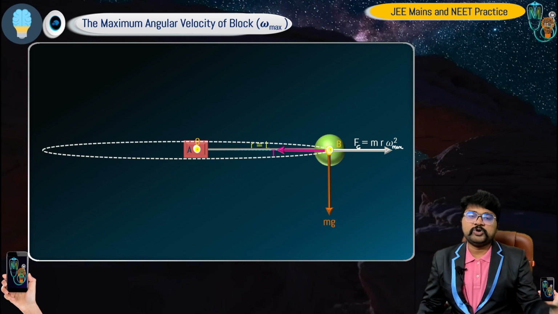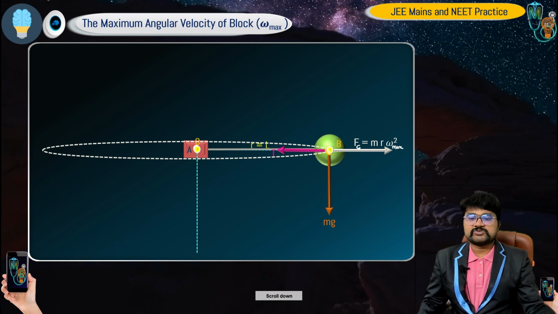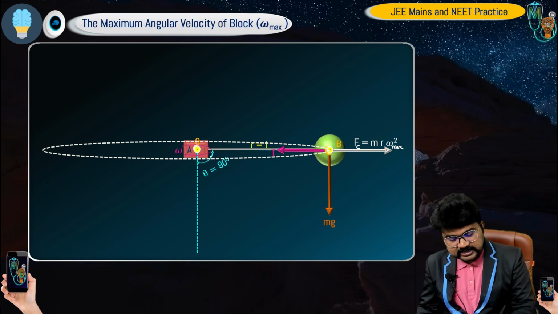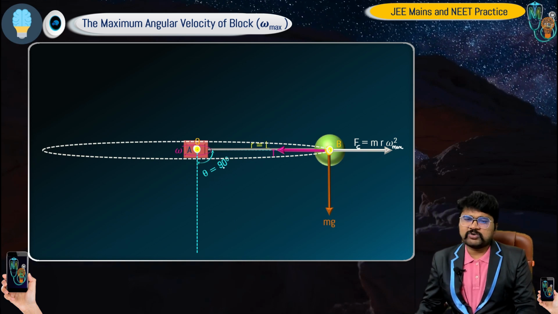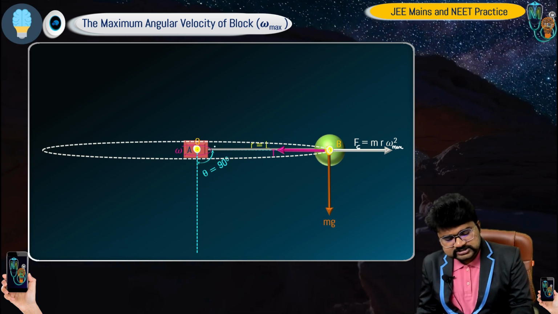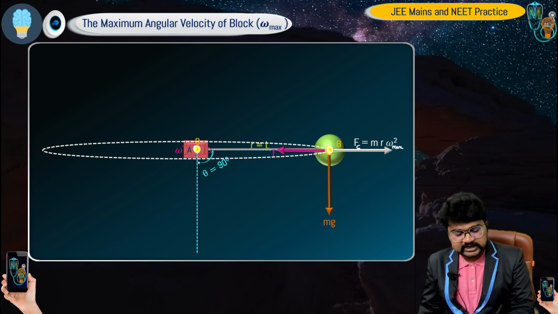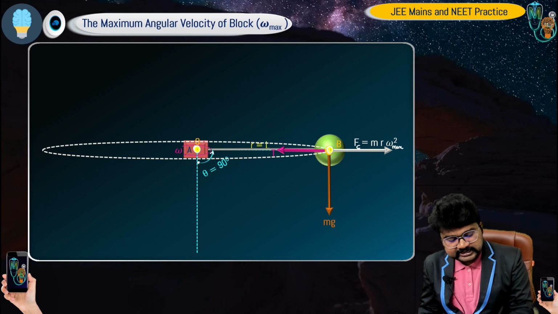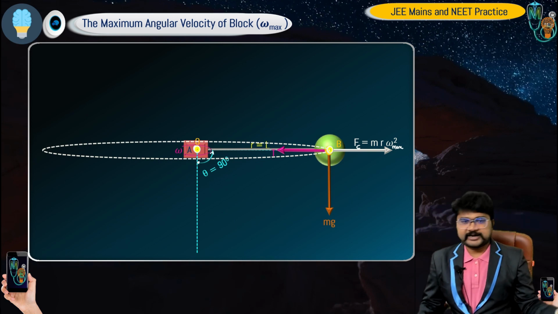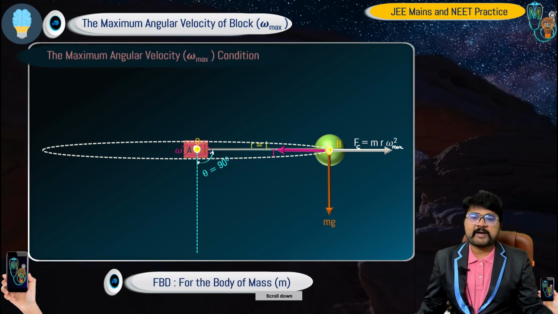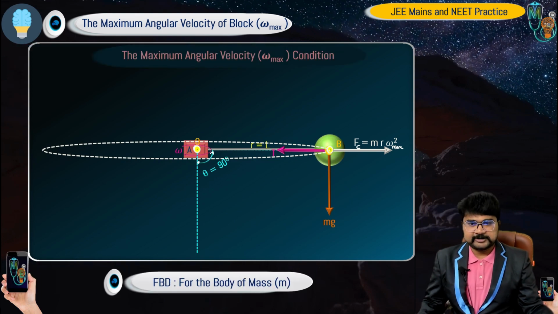Here I am taking theta equal to 90 degrees, or else it is making an angle with vertical in anti-clockwise direction. It is correct. Understood? So theta equal to 90 degrees, maximum angular velocity condition.